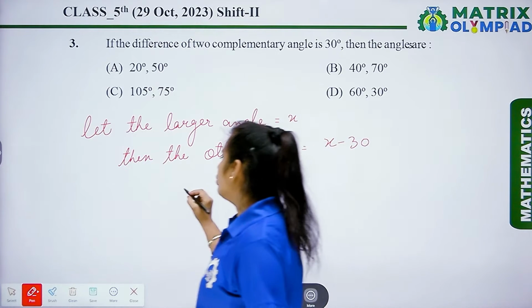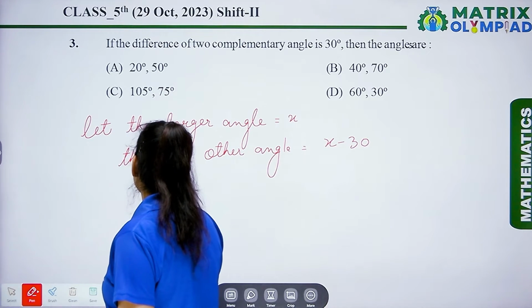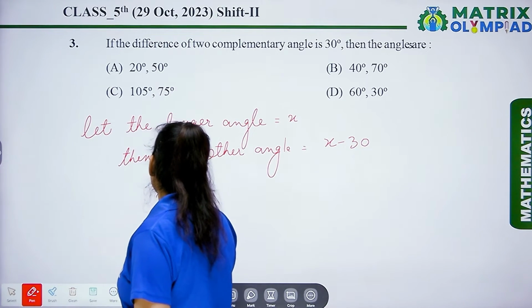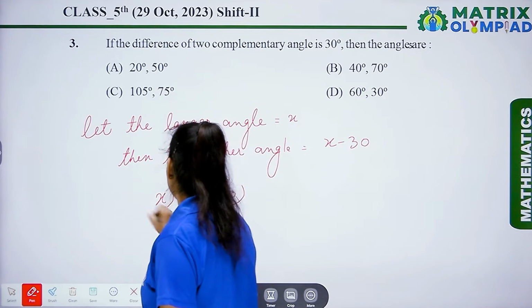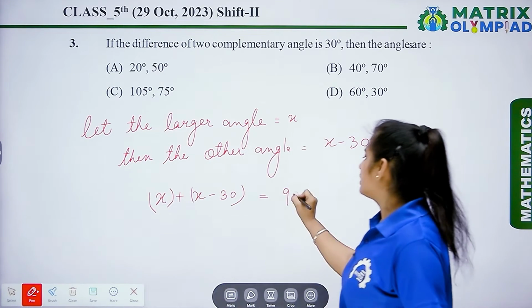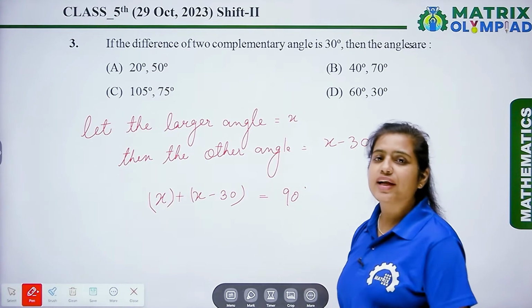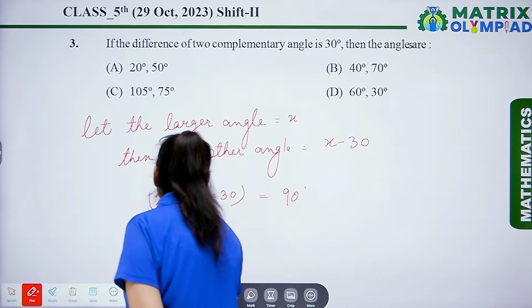So, here according to question, x plus x minus 30 is equal to 90 degree. Let's find out the value of x here.